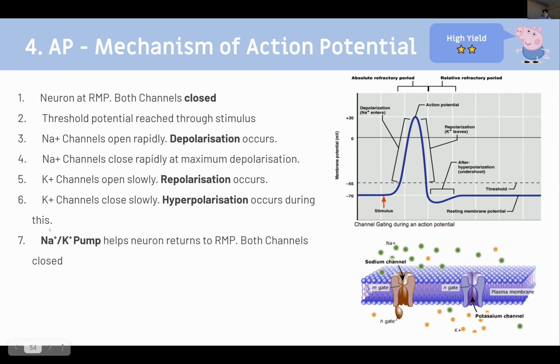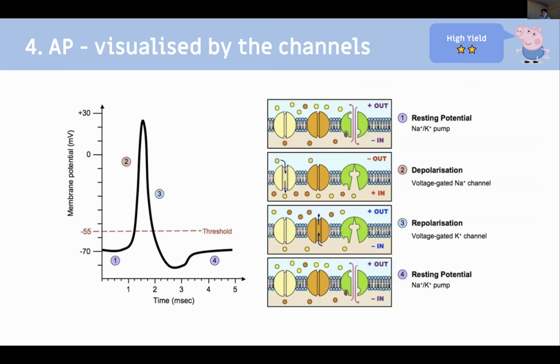And then finally, our sodium potassium pump is going to help our neuron return to our resting membrane potential of -70. It's going to pump back out the sodium that flowed in and pump back in the potassium that flowed out. So during this time, both our sodium and potassium channels are going to be closed. So this is the action potential.